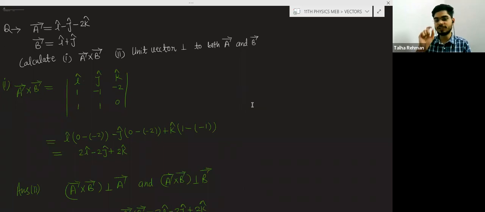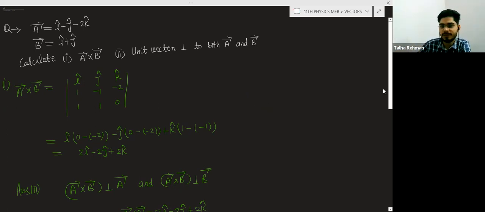In kinematics, motion in a straight line, vector is a mathematical topic, and in motion in a plane, we will discuss projectile motion. Otherwise you will get confused in pulley problems and all that if you do not know the basic concepts.